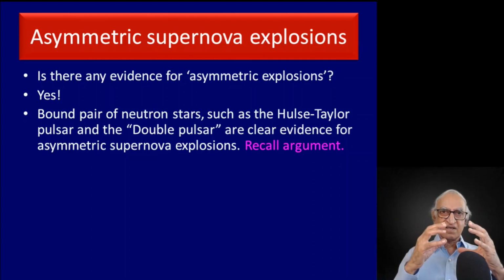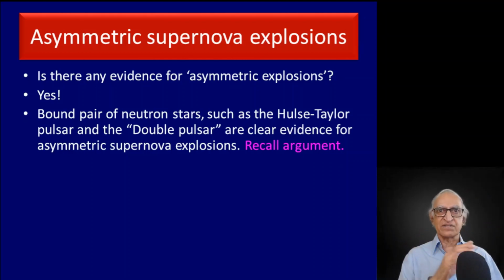When a star in a binary system explodes, you have to ask the question, will the binary be disrupted? And the answer is rather simple. For the binary to be disrupted, the mass ejected, delta M, must be greater than half the total initial mass. If the initial masses of the two stars were M1 and M2, let us say M2 explodes and ejects mass delta M, then only if delta M is greater than 1/2 of M1 plus M2, the binary will be disrupted.